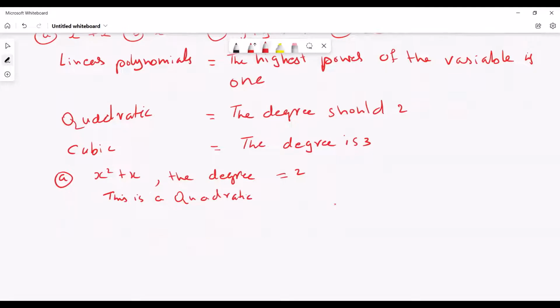And in B, let us consider question B, x minus x cube it is given. So here the highest degree is 3. Since the degree is 3, we can say this is a cubic polynomial.